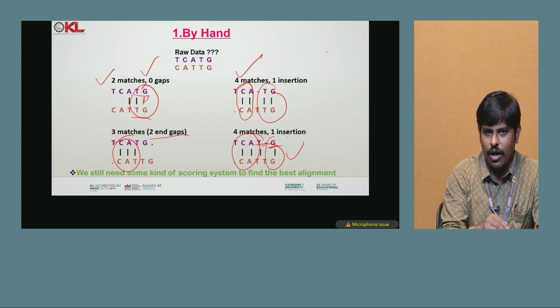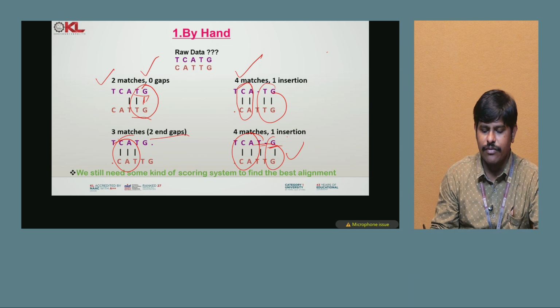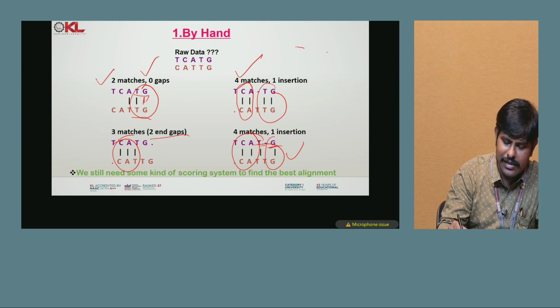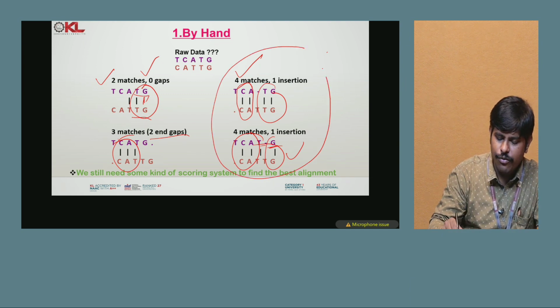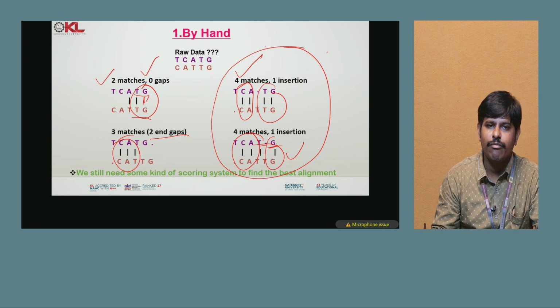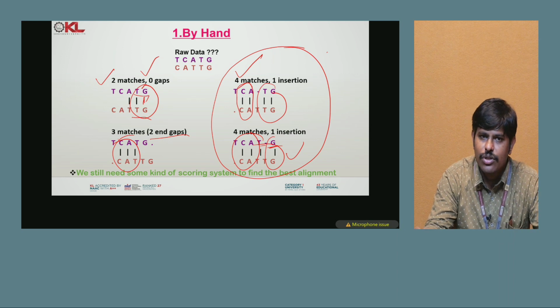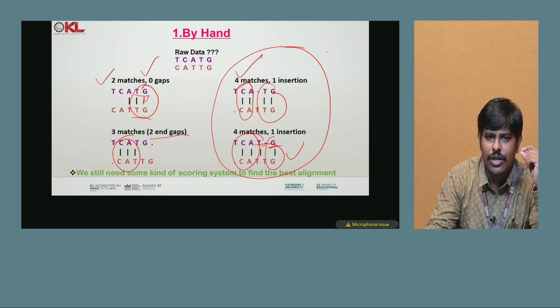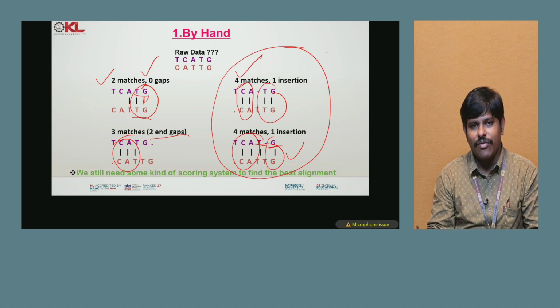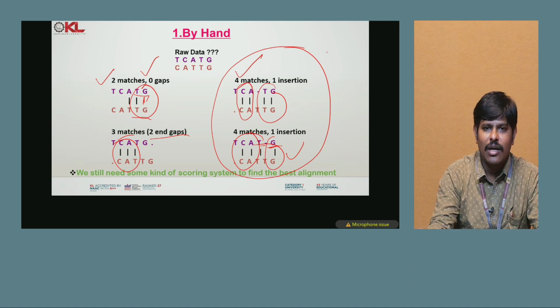Out of all four different kinds of alignments, I can say that the second and fourth have more matches. This is how we do the hand approach, but the hand method is actually not applicable for real life sequences, because real life sequences are very long. Human chromosome 1 has about 240 million characters, and even simple proteins have on average 100 amino acids.